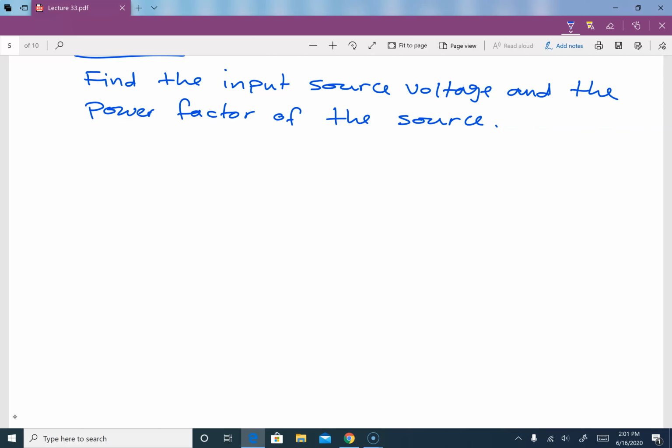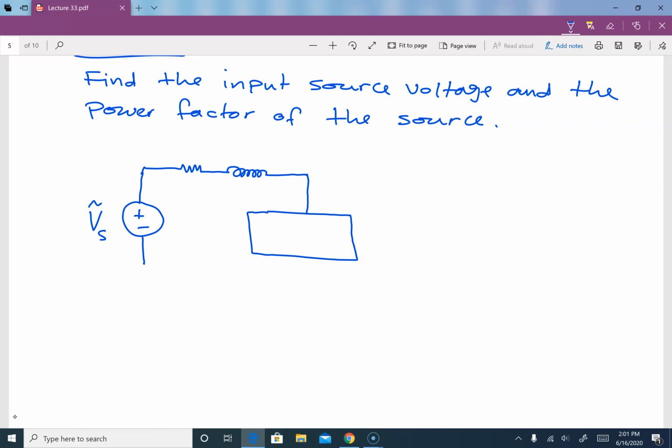In the circuit, we have a voltage source called Vs, a resistance, and an inductive reactance.